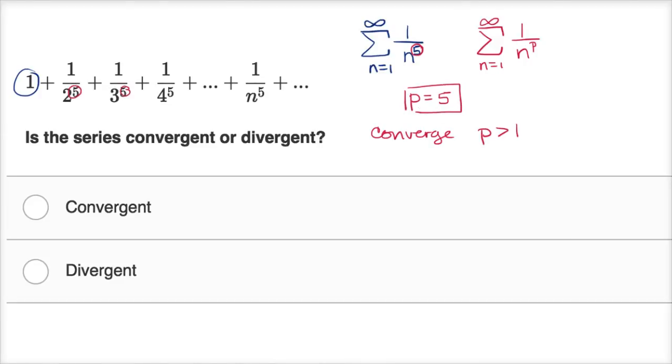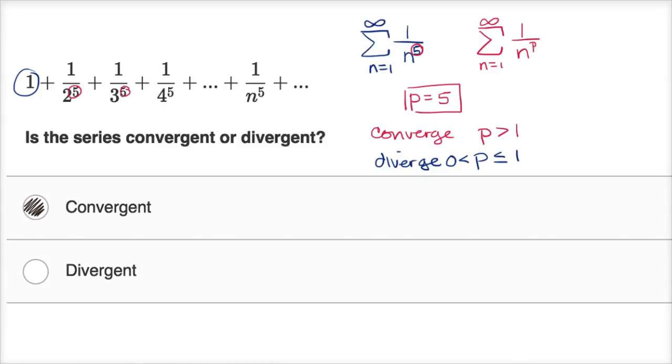We would diverge if our p is greater than 0 and less than or equal to 1. This would be a divergence. So if this was like 0.9 here, or if this was a 3/4, then we would be diverging. So at least for this one, we are convergent.